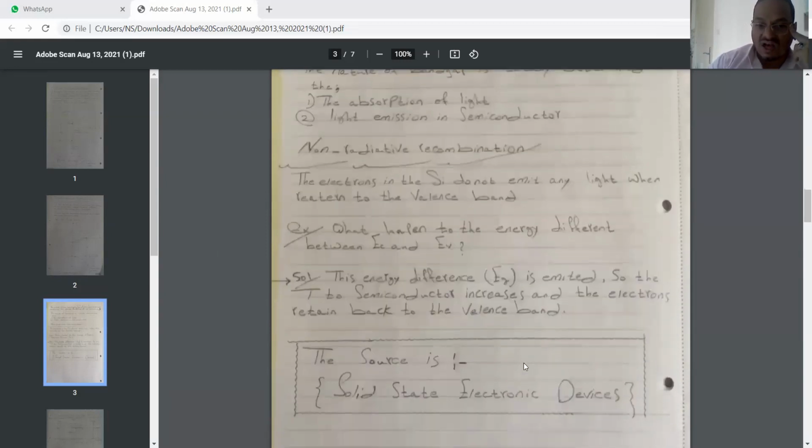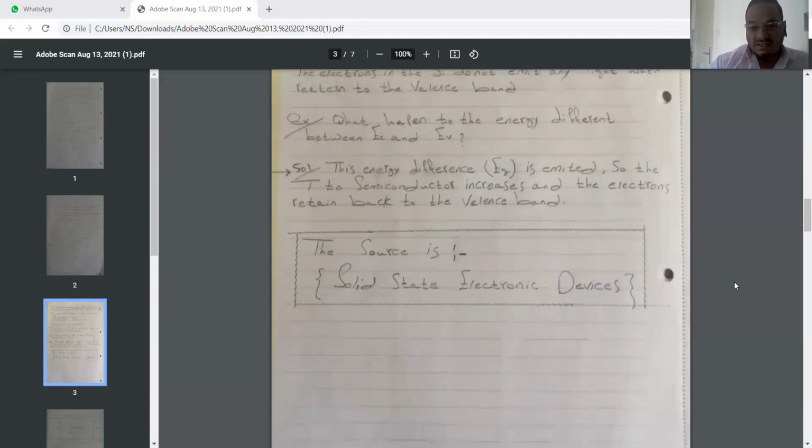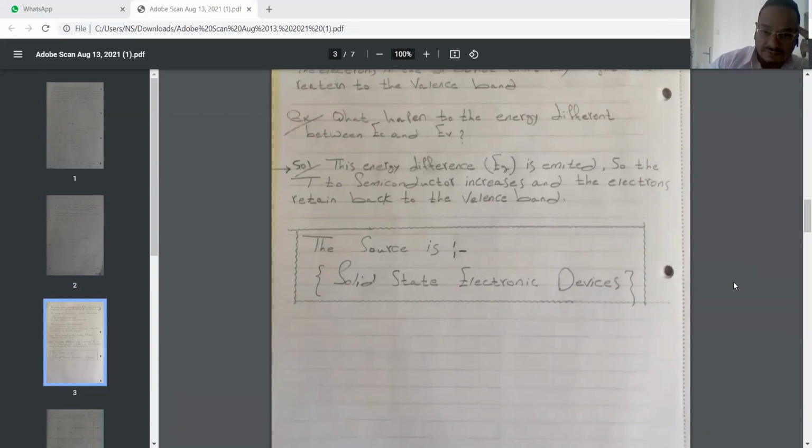Okay, this is important. Now, I take all this information from the source, the solid state electronic devices source. But in my research, I take another important piece of information from another source. The source is Photovoltaics by Stephen Cole.